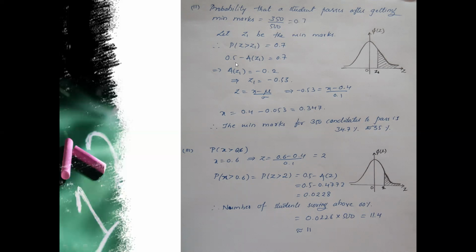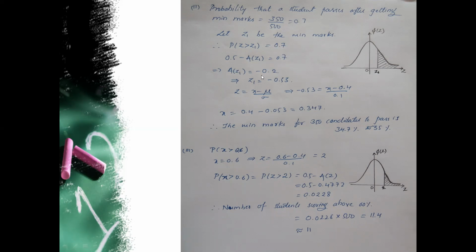Z greater than Z1, this shaded area we want. So we'll take it as 0.5 minus A of Z1 is equal to 0.7. This implies A of Z1 is minus 0.2.